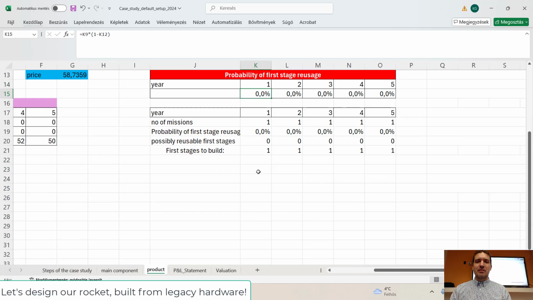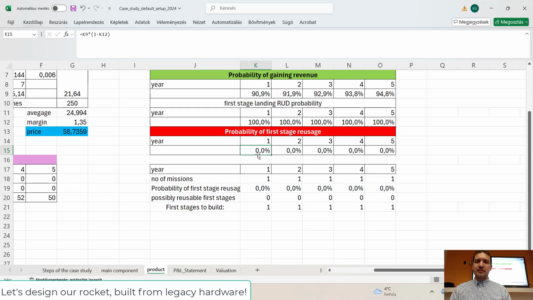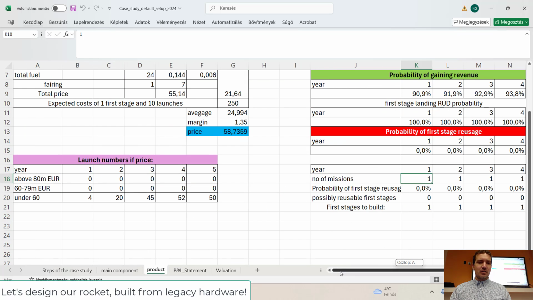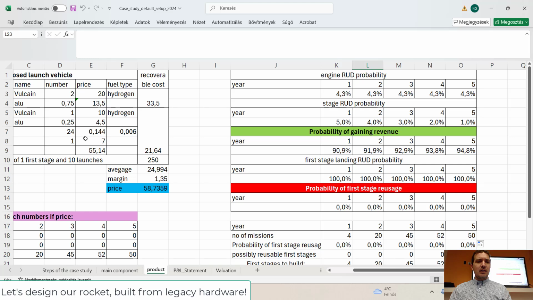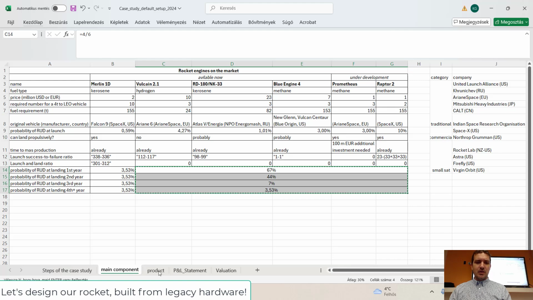So we just had this stage. So not able to recover the first stage, and the number of missions should be linked to here. Oh, we have to add it because we are already not manufacturing it. Sorry guys. So we have to pick this one up.